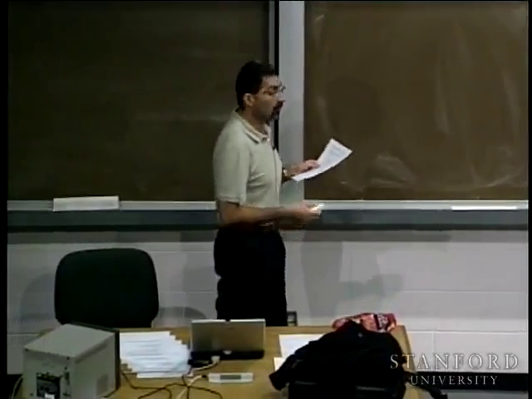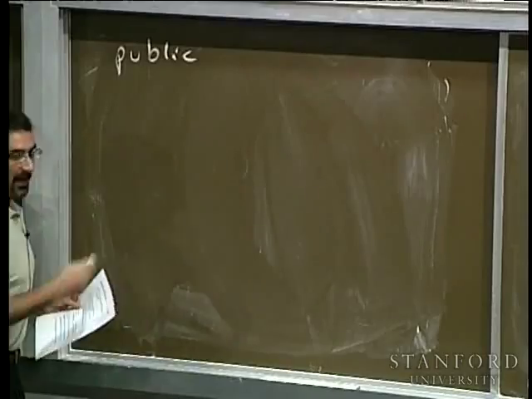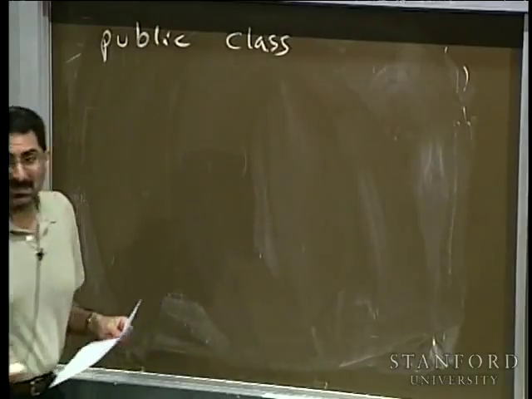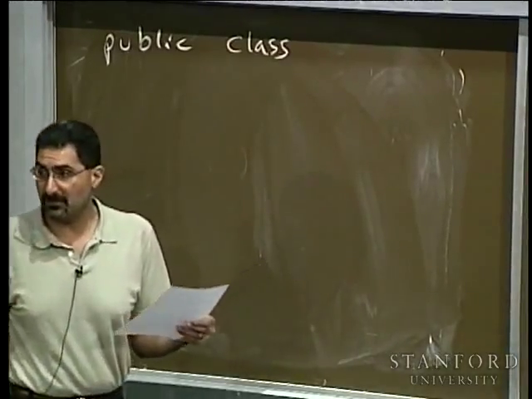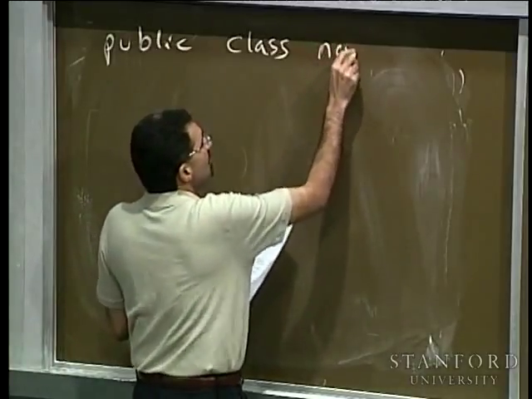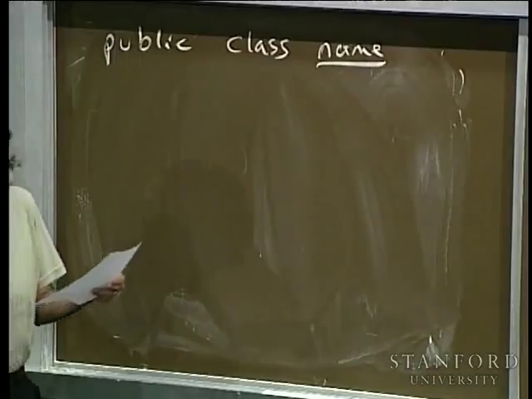So what's the general form for writing a class? The idea is we say public. For right now, all of our classes are going to be public. Then the word class, and then we give the name of the class. This should be familiar to you, just like when we wrote programs that extended console program. We had some name here. I'll put an underline to indicate that that's not actually the literal name. You just give it a name.